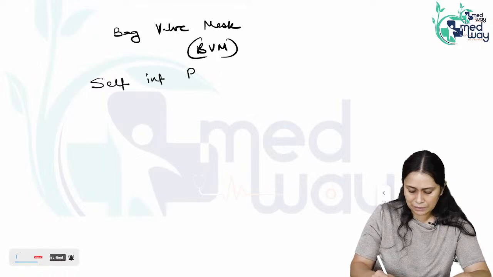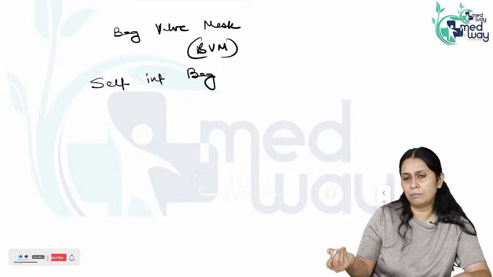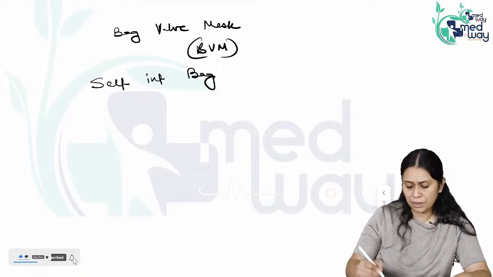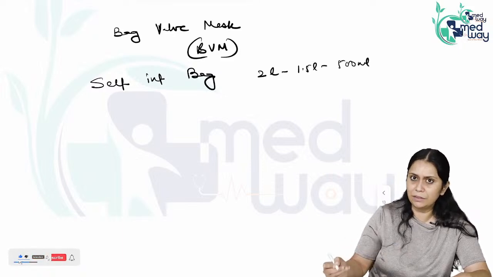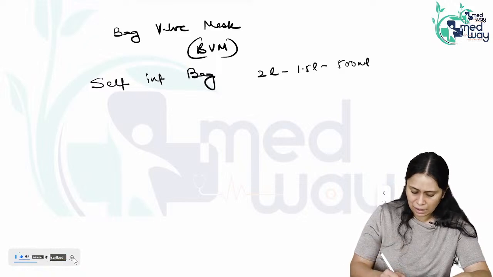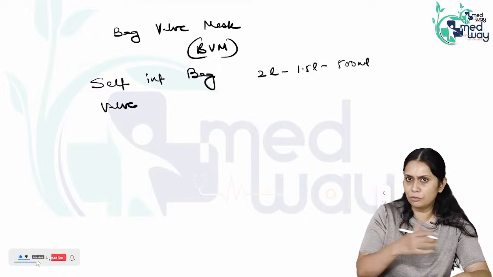This has, most important, a self-inflating bag. Now this bag, depending upon whether we are using it for adult, pediatric or neonate, comes in different capacities: 2 liter, 1.5 liter or 500 milliliter. Then it has a valve which creates unidirectional flow of gas from bag to patient.